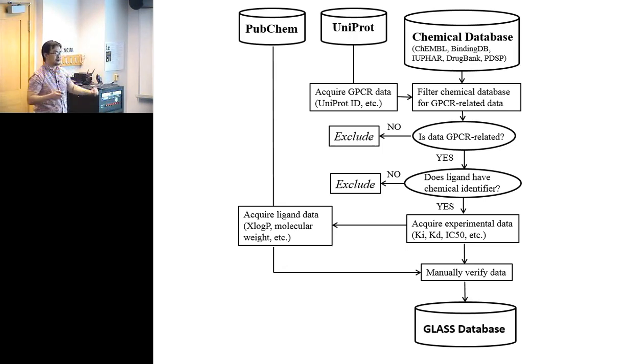So I just get all the information as much as possible. Like chemical identifiers, like SMILES and InChI IDs are all matched back here. Octanol-water partition coefficient predictions, molecular weights, hydrogen bond donors and acceptors, and whatnot. All of these are acquired from PubChem right here.